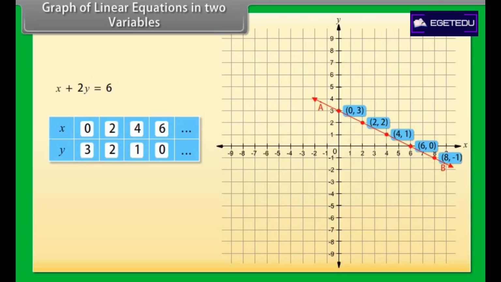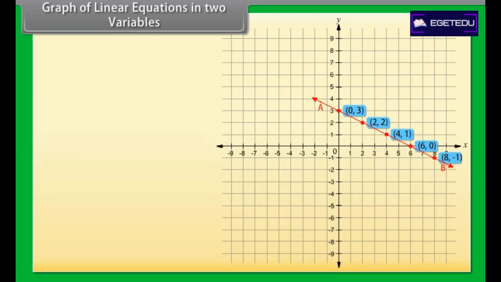Is this a solution of this equation? Yes, it is, because by substituting the value of x as 8 and y as -1, we get the answer 6. So, (8, -1) is a solution. So what have we observed in our previous screen? We have observed that every point whose coordinates satisfy the given equation lies on the line AB.